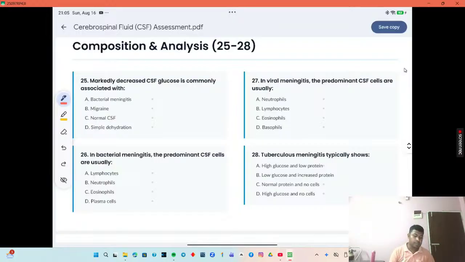What is the main cause of decrease in cerebrospinal fluid glucose? The right answer of this question will be bacterial meningitis. So, bacterial meningitis is the main cause of decrease in CSF glucose. Is it clear to you?